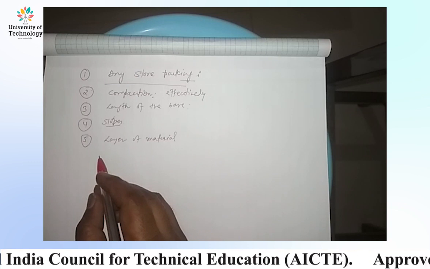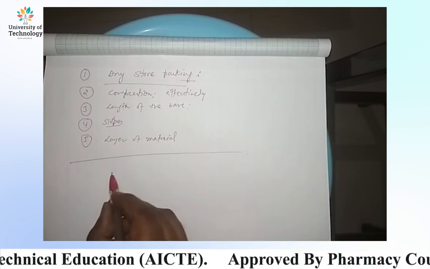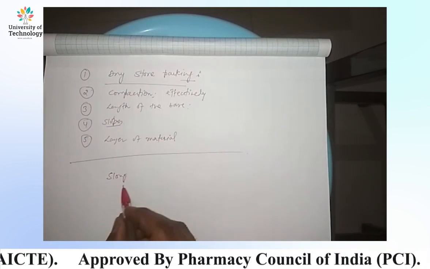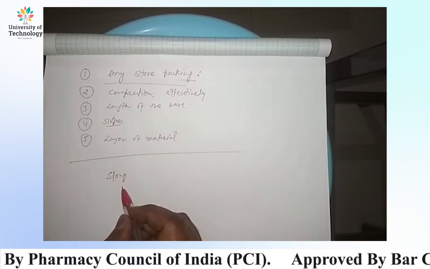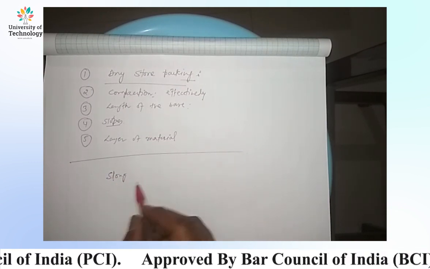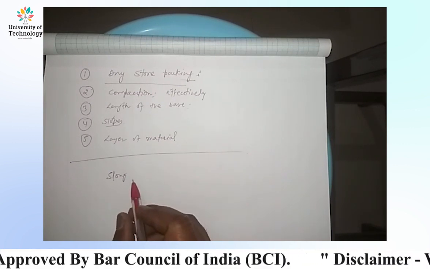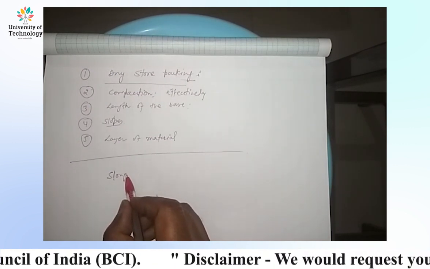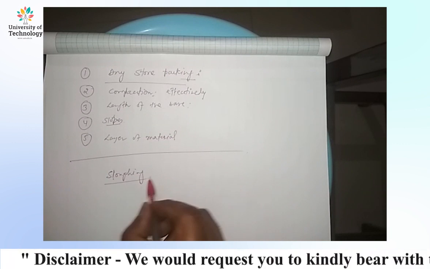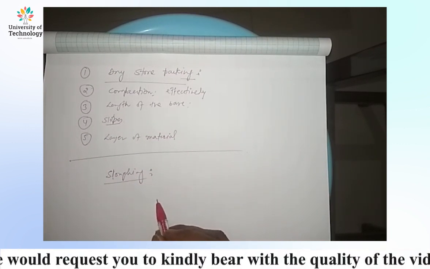The next problem is sloughing, which is liable to cause failure of the dam. What is sloughing?